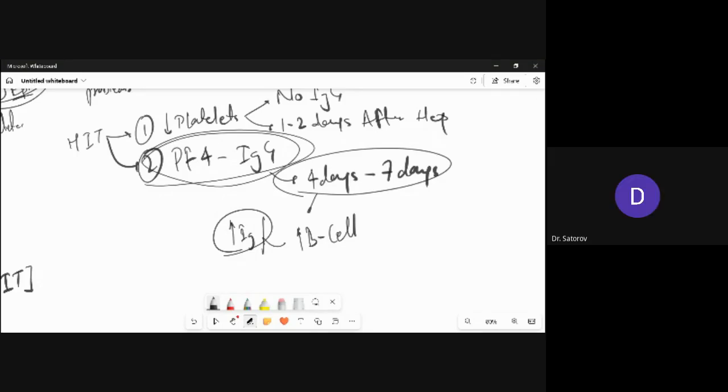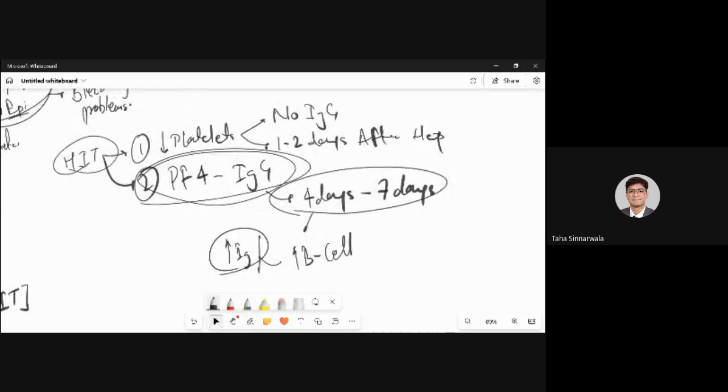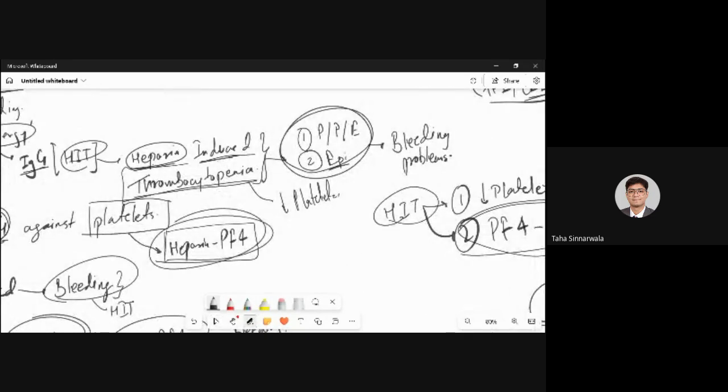Excuse me, doctor. Can you please explain the last topic again, please? So for HIT, yes, please. Okay. So HIT, the full form is heparin-induced thrombocytopenia. Now, based on the name, what we understand is that because you gave someone heparin, the patient developed thrombocytopenia, which is a reduction in platelets.